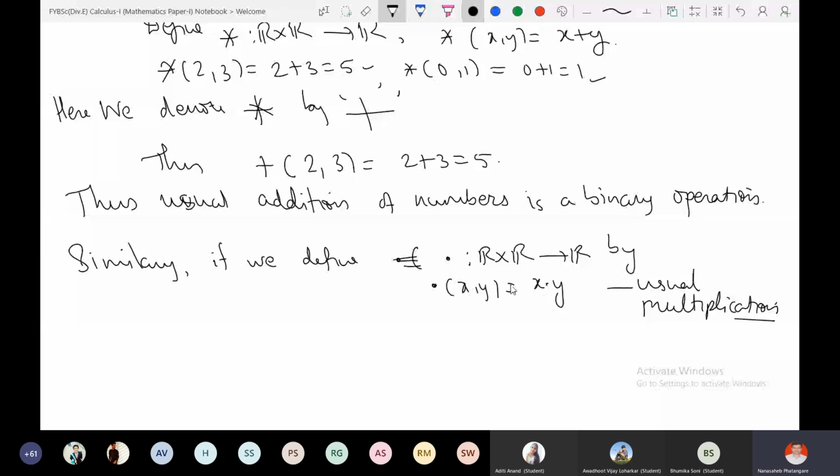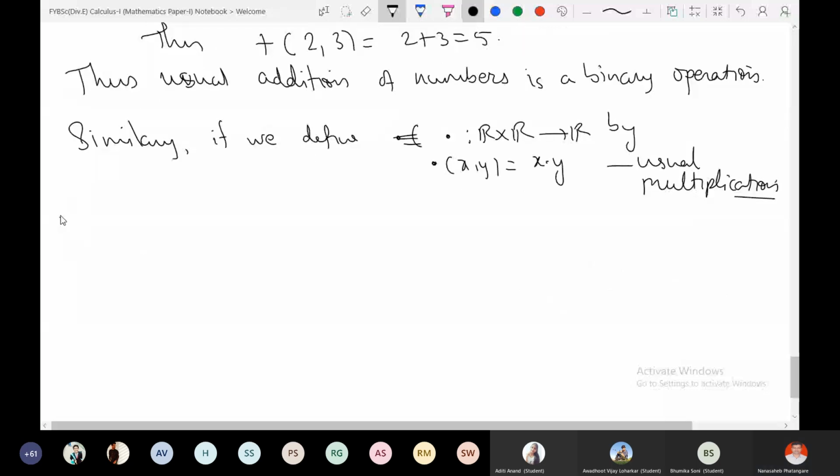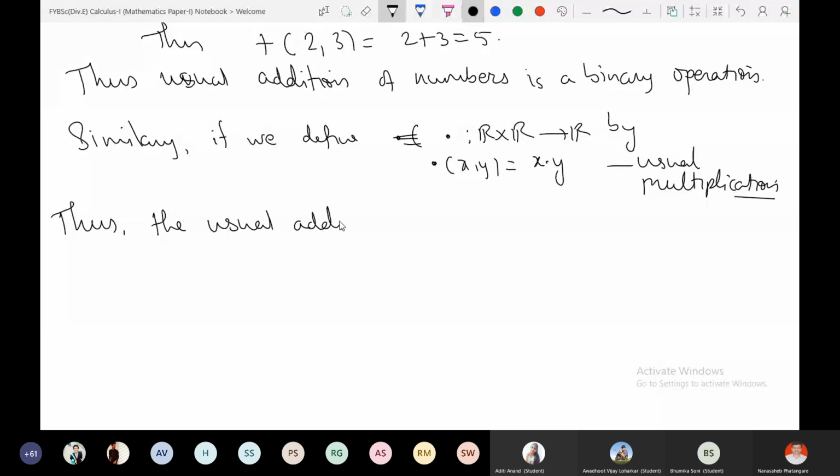Thus, what is the moral of the story? The usual addition, which we denote by the plus symbol. When I say symbol, it is a symbol which people give for addition for our convenience, for our communication. Otherwise, you can use your own symbols, but for understanding and communication, these symbols are universally accepted.